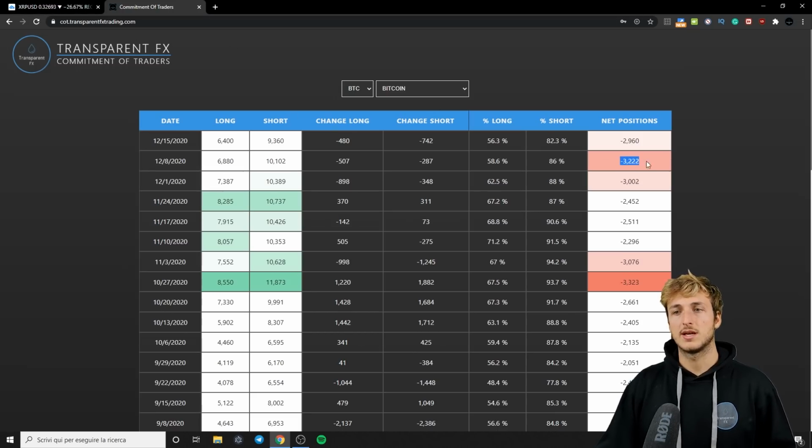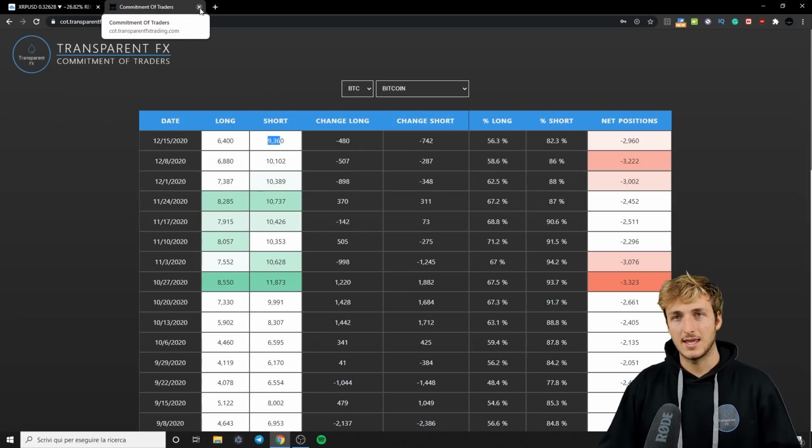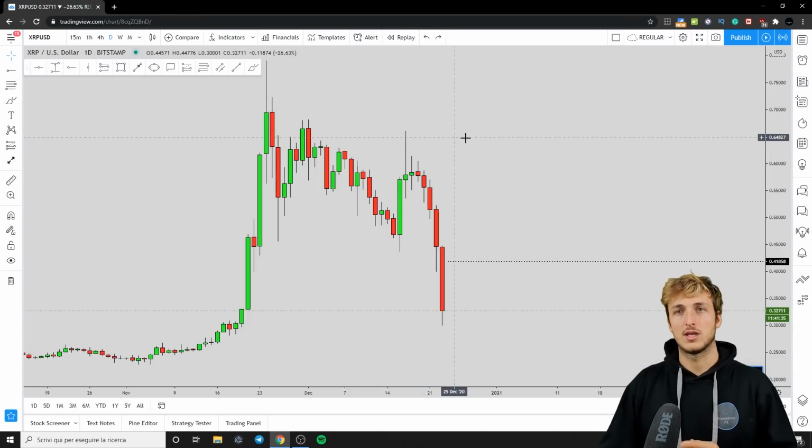What we see here is, yes, a little bit of net positions increased, but simply because we're having more shorts getting closed than longs from an institutional perspective. And we currently have 6.4K longs and 9.3K shorts, a lot of hedging going on from an institutional perspective. So no clear indications that we can be taking for Ripple by looking at BTC USD from a COT perspective.